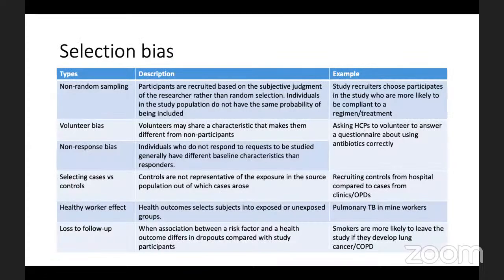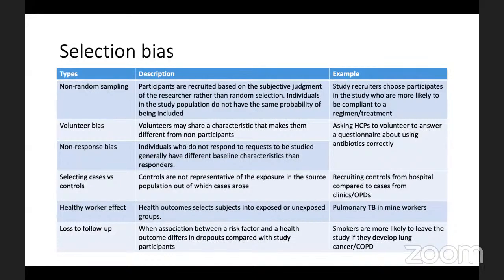So here are examples of different types of selection bias. And this table explains what each type is, and it gives you an example. So I'm just going to focus on a few. If we look at volunteer or non-response bias, they're quite similar in that it assumes those who volunteer or those that don't respond may share different baseline characteristics compared to other participants.